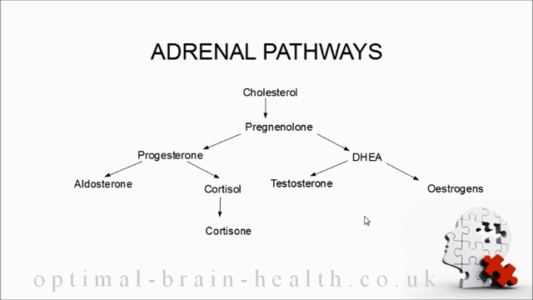And we've also got DHEA, which, though it's not that well known a hormone, is in fact the most abundant hormone in the body. Its functions are rather vague and general, but it's associated with well-being and also with aging.